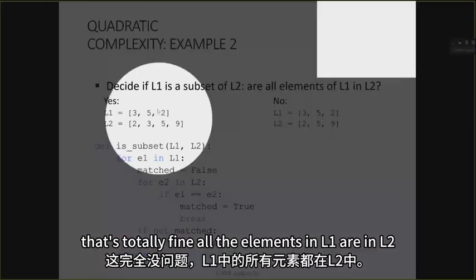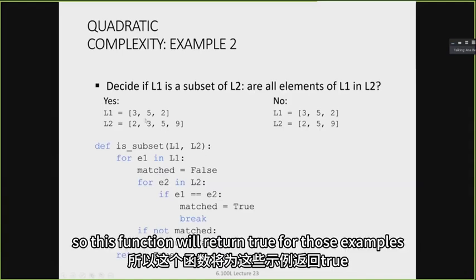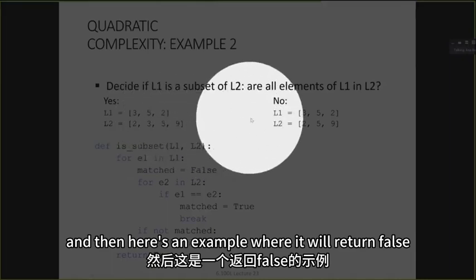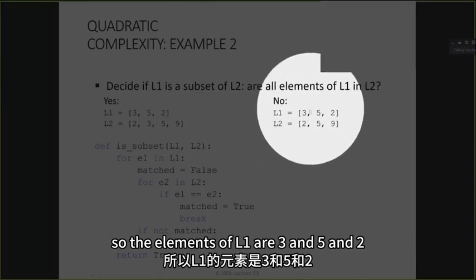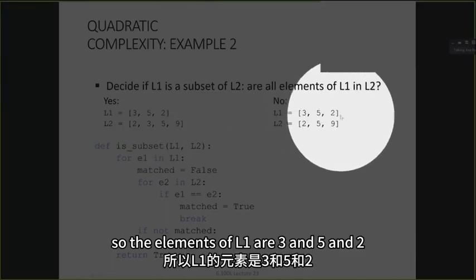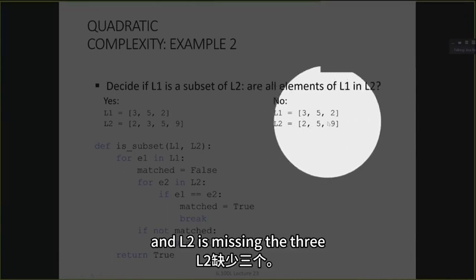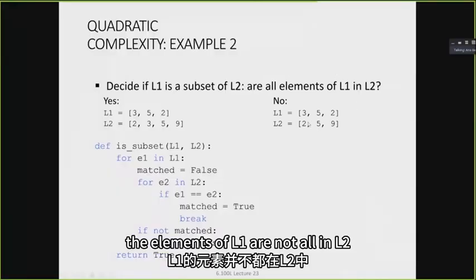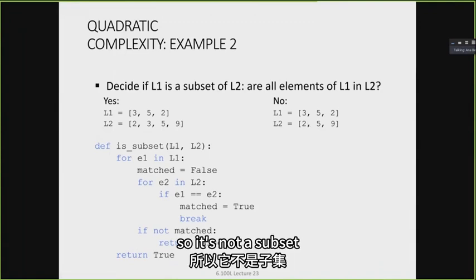All the elements in L1 are in L2. So this function will return true for those L1 and L2. And then here's an example where it will return false. So the elements of L1 are 3 and 5 and 2, and L2 is missing the 3. So then that one will return false, right? The elements of L1 are not all in L2. So it's not a subset.